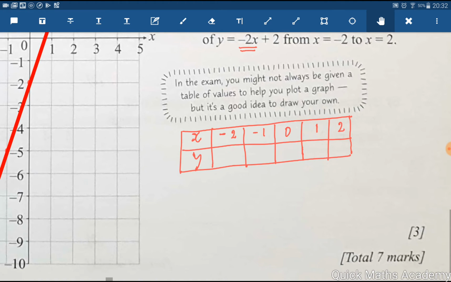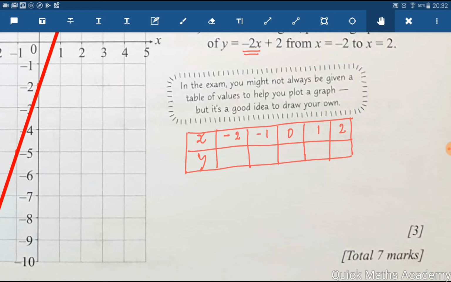If my x is minus 2, my equation y will be minus 2 times minus 2 plus 2. So y will be minus 2 times minus 2 is positive 4, plus 2. So my y will be 6.